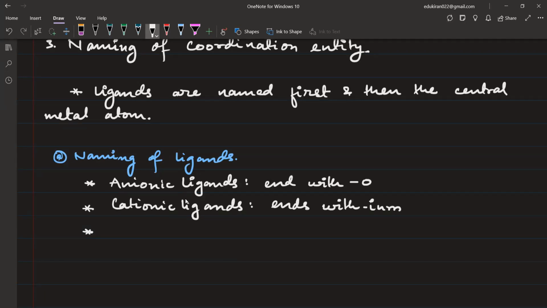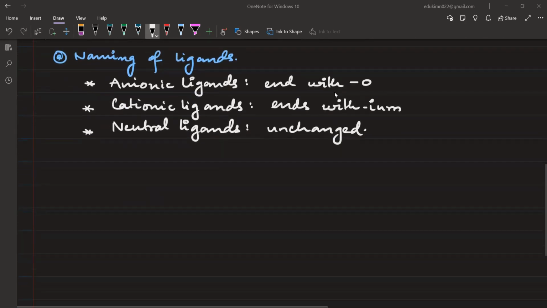And fourth, if you have neutral ligand, these are unchanged. ना इसको हम लोग चेंज करके नहीं लिखते. Now I hope you have the list of anionic, cationic, and neutral ligands. Yes or no? Please tell me, guys, from the last lecture. All of you have the list? Yes, sir.